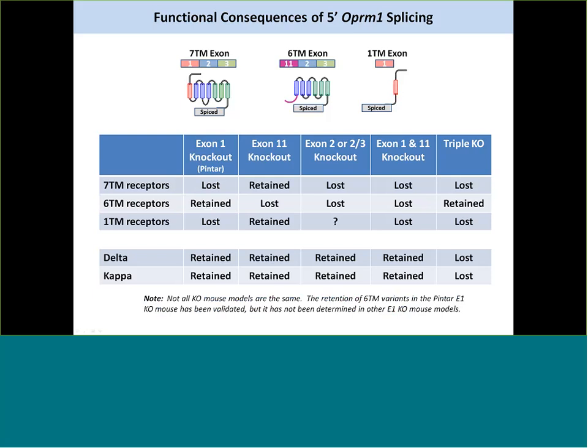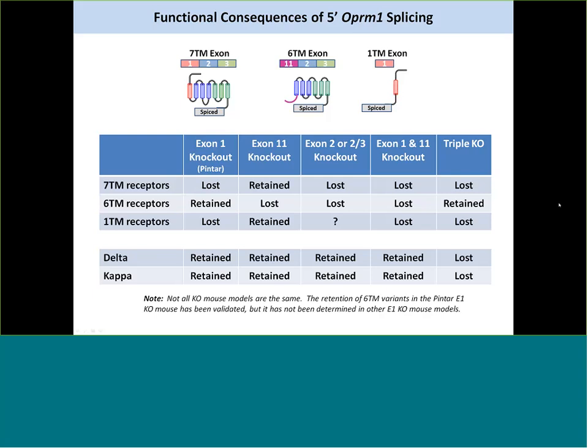Now, I should point out that not all mouse models are the same. They have different sizes and locations of their disruptions. Even those that are targeting exon 1 may not necessarily lead to the same type of knockout. So it's very possible that any knockout on any exon can lead to a total loss of all the receptors from that gene.